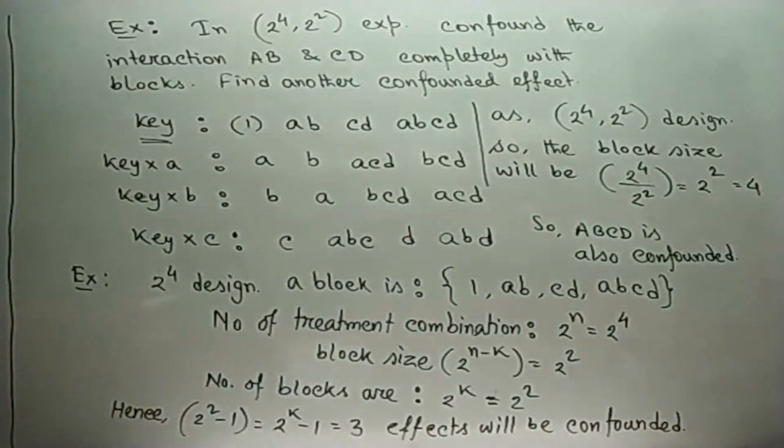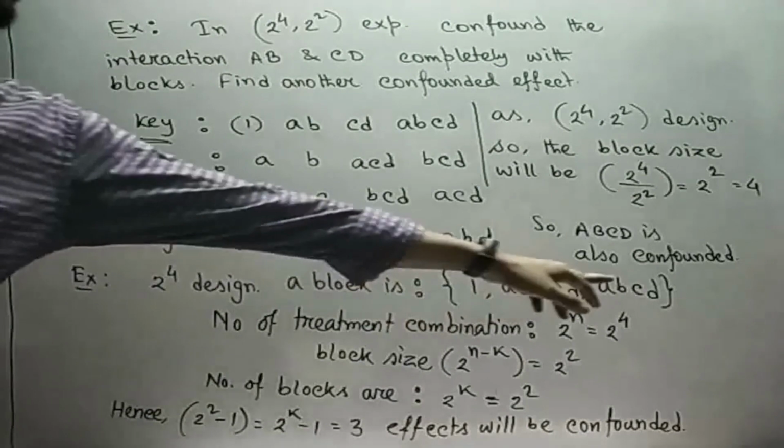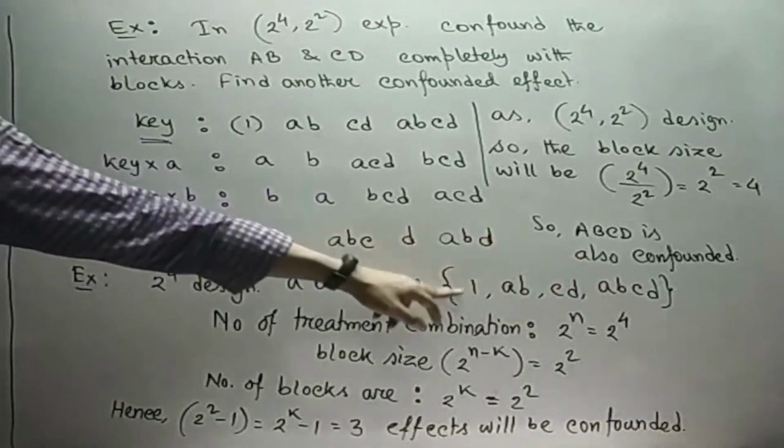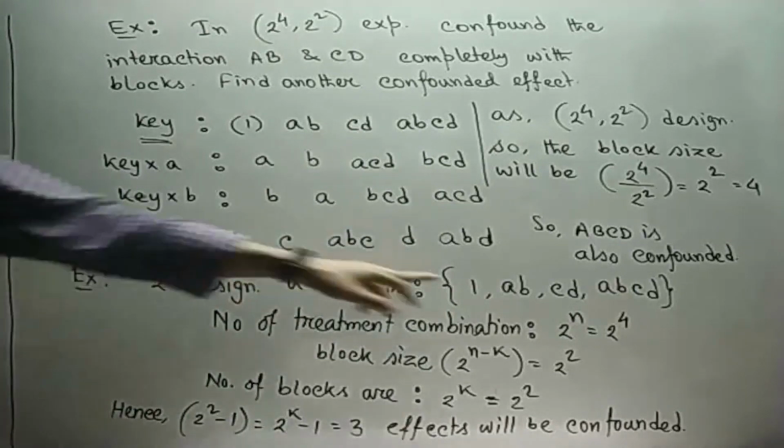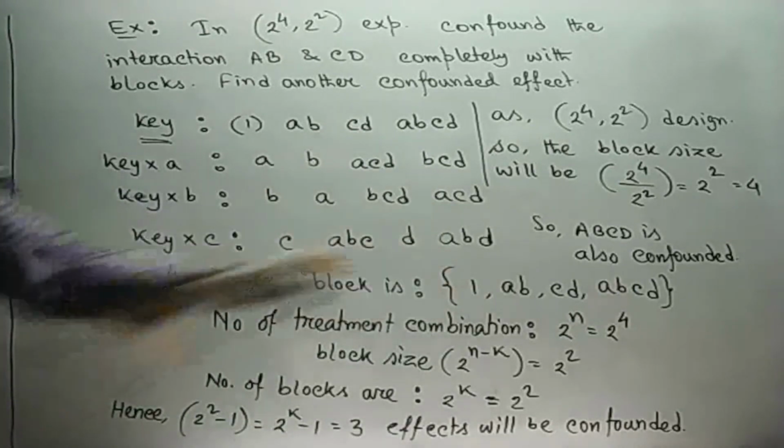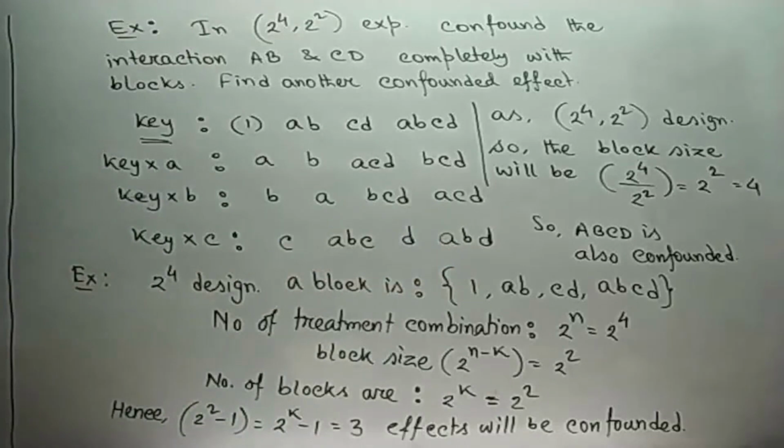So 3 effects will be confounded. Okay, and these 3 effects are, so the key block is given to us. So that's why we know that the key block is constructed taking no common or even number of common members from the confounded effects.